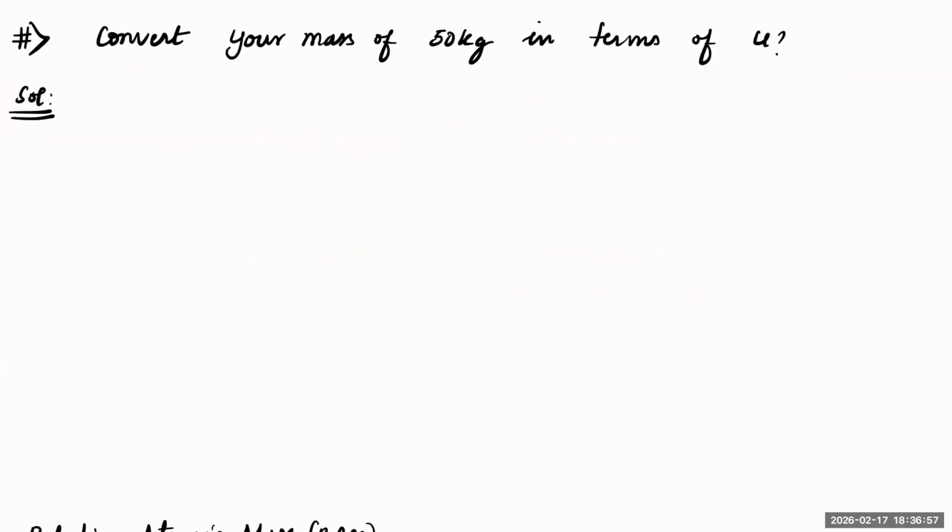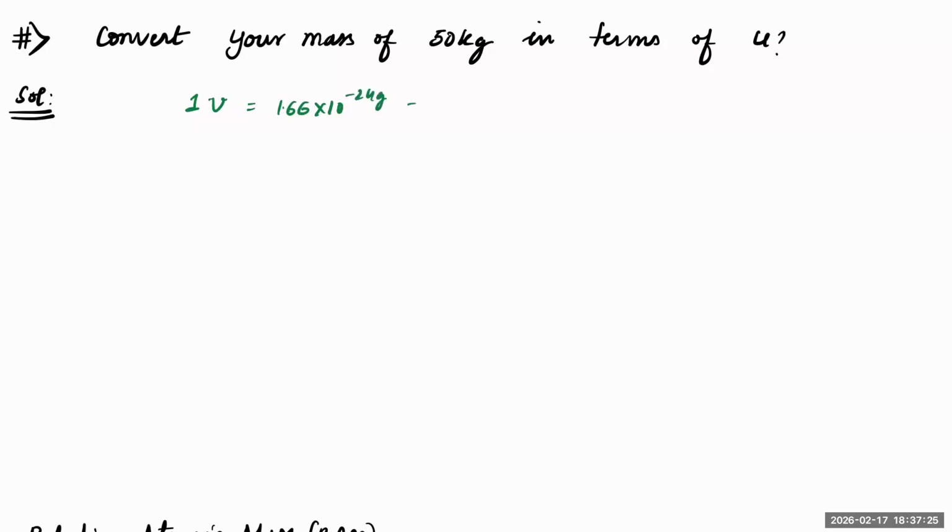Check this out. In case you were asked to convert your mass of 50 kgs into unified mass, you know that 1 U, or 1 unified mass, is 1.66 into 10 raised to power of minus 24 grams.